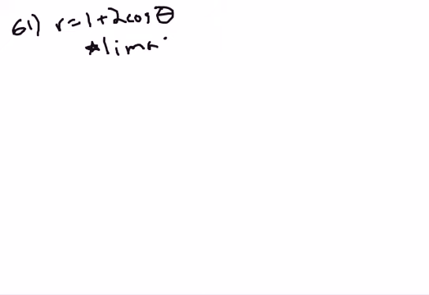Let's continue with 61. So 61 and 62 are graphing polar equations. 61 is the following. Let's make a note about this. This is a cardioid, or excuse me, a limacon. A cardioid is a specific case of a limacon when a and b are both the same number, but this is a limacon.